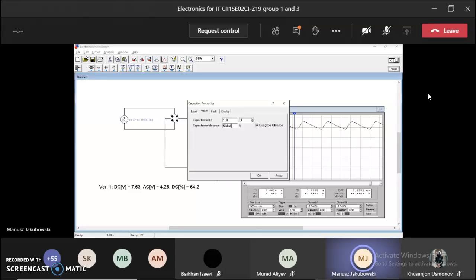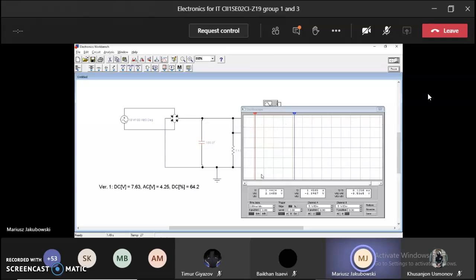So when I increase the capacitance 10 times to 100 microfarad, what I expect is that this AC component should decrease roughly also about 10 times. Let's see.